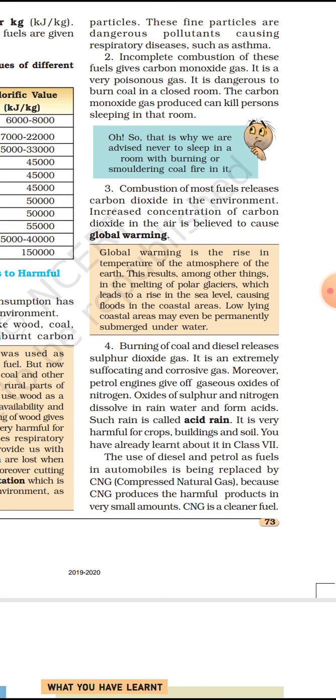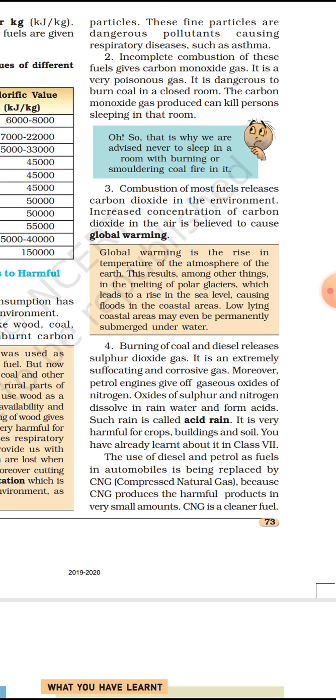Oxides of sulfur and nitrogen dissolve in rainwater and form an acid, and it comes down with the rain. That type of rain we call acid rain.